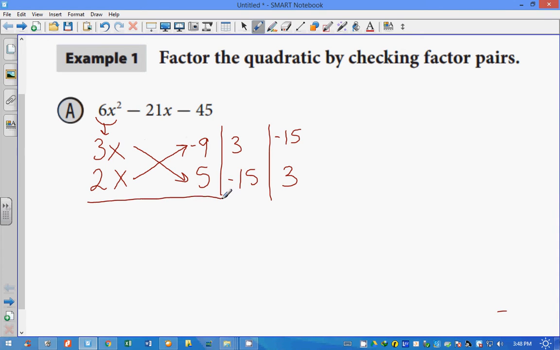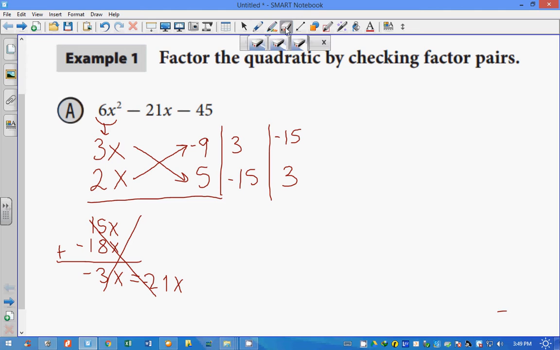3 times 5, which is 15x, 2 times negative 9, which is negative 18x. When we add them, it's going to be negative 3x. As you see, this is not equal to negative 21x, which is the middle number. That's why this is wrong.